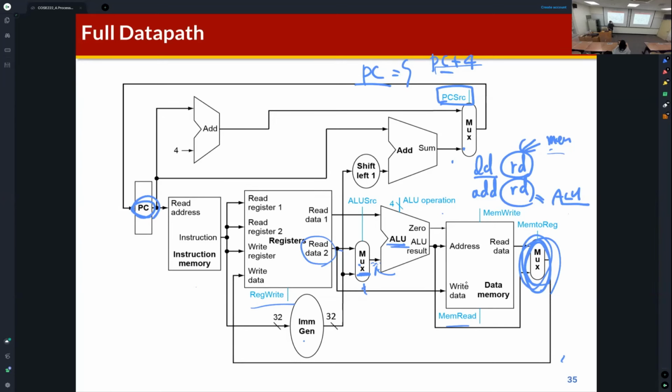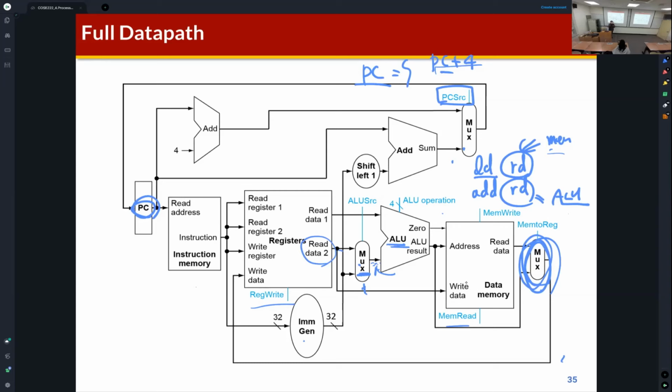In the previous class, we learned about the data path of the single cycle processor. The data path includes hardware components which store data and perform arithmetic or logical operations such as add and subtract.